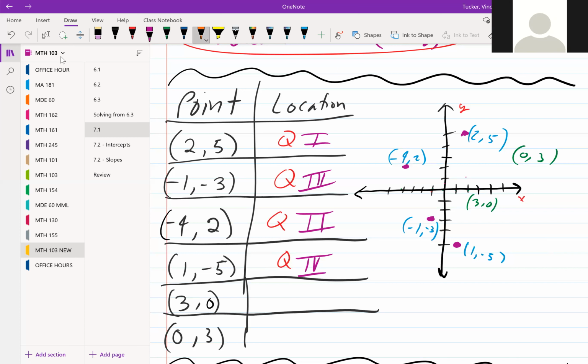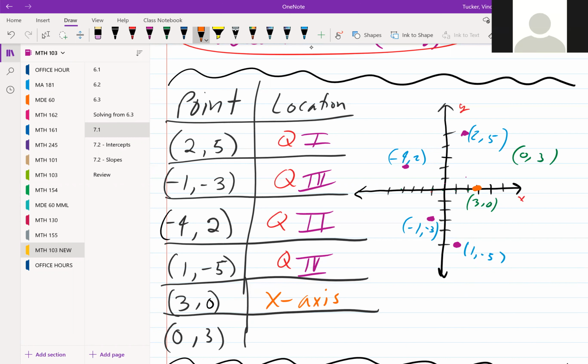Yes, the positive 0 and 3, shouldn't it be on the y-axis? The 0, 3. Yep. Like she said, you would go to the right 3, but then nowhere for y. So that will put you on the x-axis. No, I'm talking about the next one. Yeah, you're right.